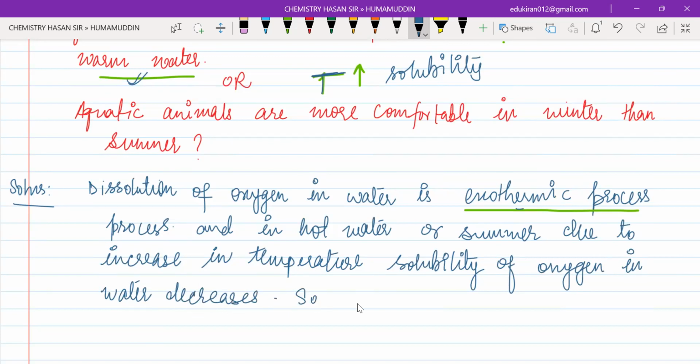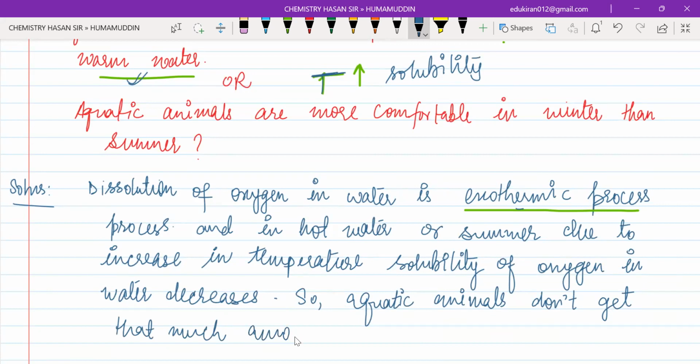So aquatic animals don't get enough oxygen, and hence they find difficulty to live in hot water, warm water, or in summer as compared to winter. Are you getting my point? Yes, sir. So it's very easy.